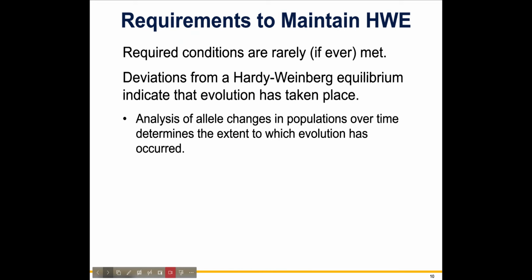And so then we can say any deviation from Hardy-Weinberg equilibrium means that evolution is occurring. We're analyzing the allele changes in the population over time and showing mathematically that evolution is occurring.